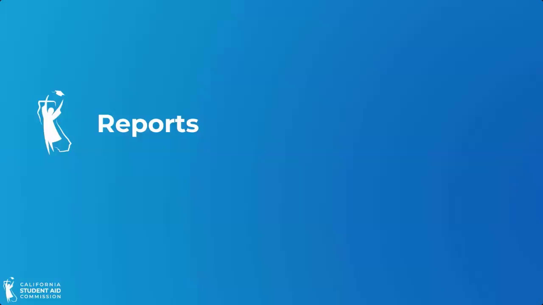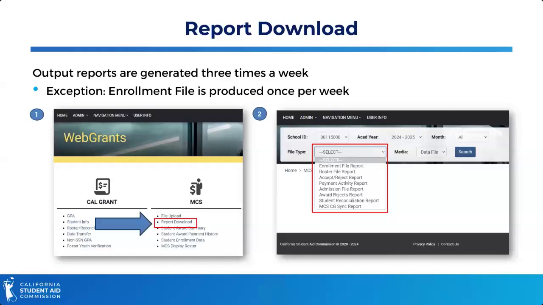So last but definitely not least is our reports. Like reports in Cal Grants, we want to go to our report download. And from here, you will be able to, again, view the different reports that we have.